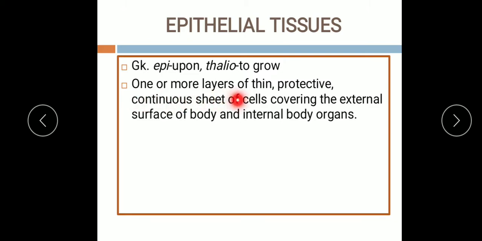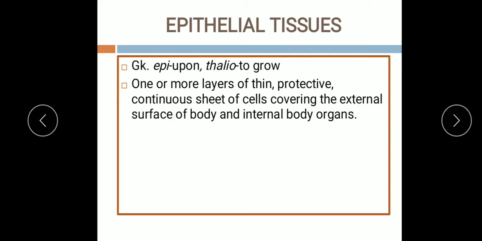So one or more layers of thin, protective, continuous sheet of cells cover the external surface of the body and internal body organs. So our external surface like skin is also covered with this tissue, and the internal organs also have the outer covering and inner covering made up of the epithelial tissues. So understood, children?